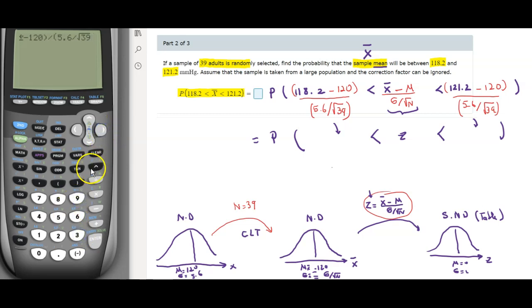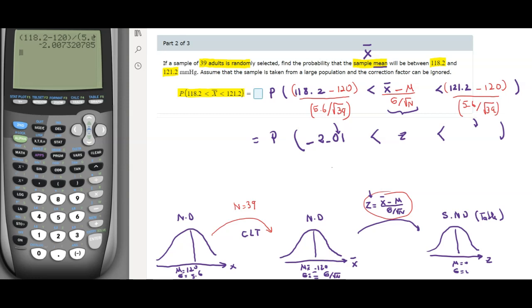Exit the square root, close the parentheses, and enter. This is going to give you minus 2.007. I need 2 decimal places, so I'm going to use minus 2.01.